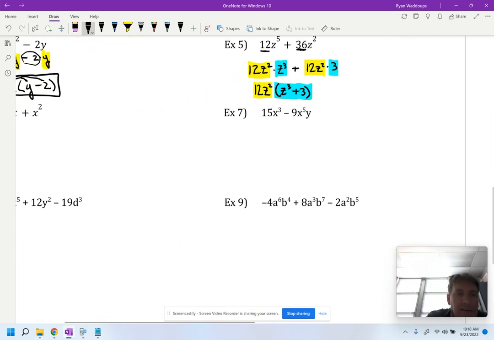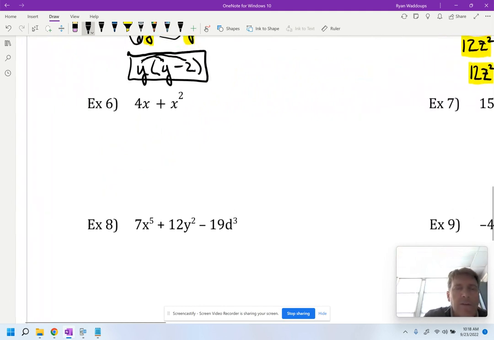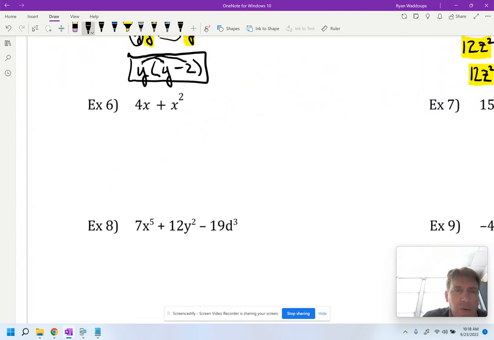All right, let's take a look at this number 6. 4x plus x squared. Okay, I can't take a 4 out of both of them, so for the coefficients, what they have in common is 1, but that doesn't help us any. Taking out a 1 wouldn't change it any. But they do both have an x in common, and so my GCF is x.